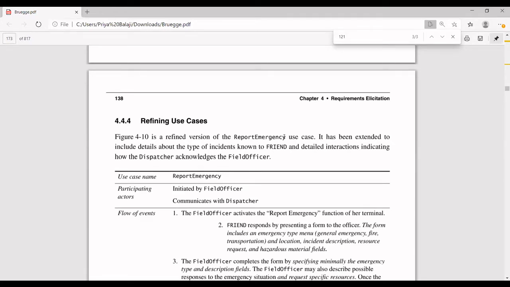Scenarios mean under what condition my system will respond, under what situation my system may be used by the external entities. Like that, I have to define the scenarios. The third point is, once I have defined the scenarios, I have to group the related scenarios into use cases.